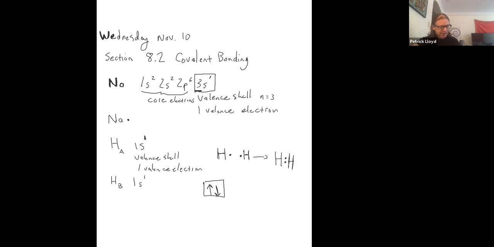And that pair, we represent them with 2 dots. See how they're represented with 2 dots? They're actually in the same orbital. I'm not going to talk about the orbital right now. One is spin up, the other one is spin down, so it obeys the Pauli exclusion principle.